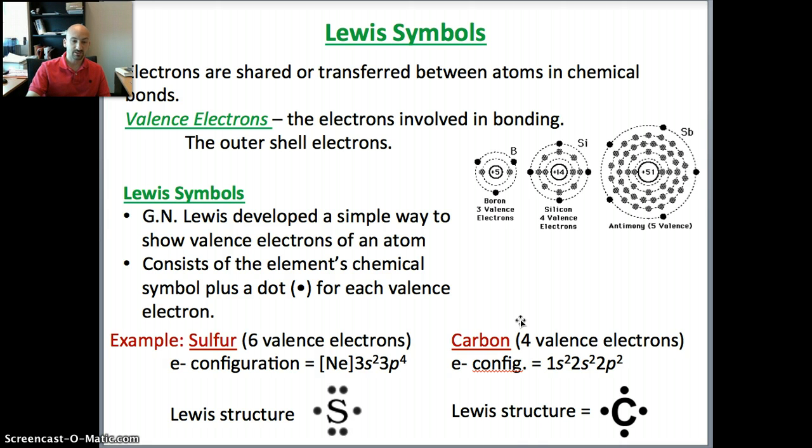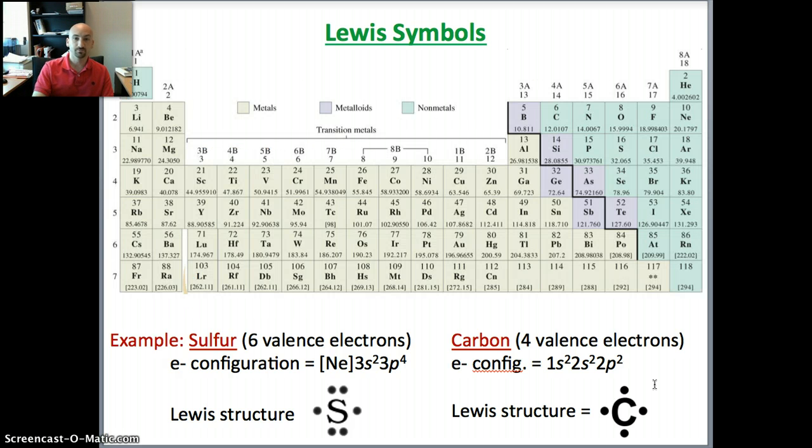So sulfur has 6 valence electrons, so it has 6 dots surrounding it, where carbon has 4 valence electrons, and therefore it has 4 of these dots surrounding it.